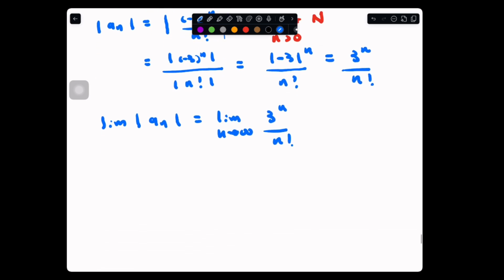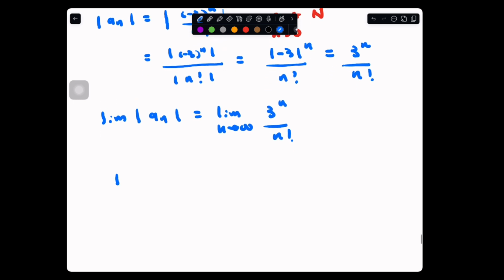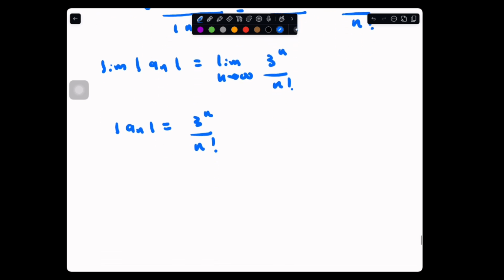Now, let's really take a closer look here at the terms of what this is by definition. So we're going to say this here is defined to be, if we look at these terms algebraically speaking, 3 to the n is 3 times 3 times 3.